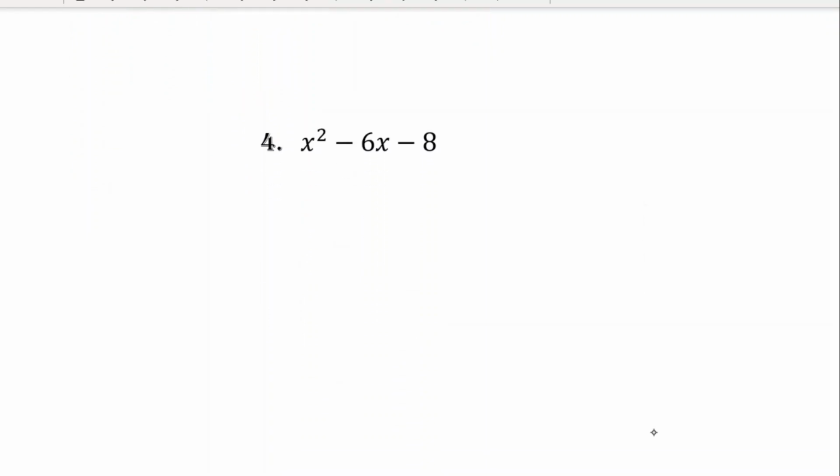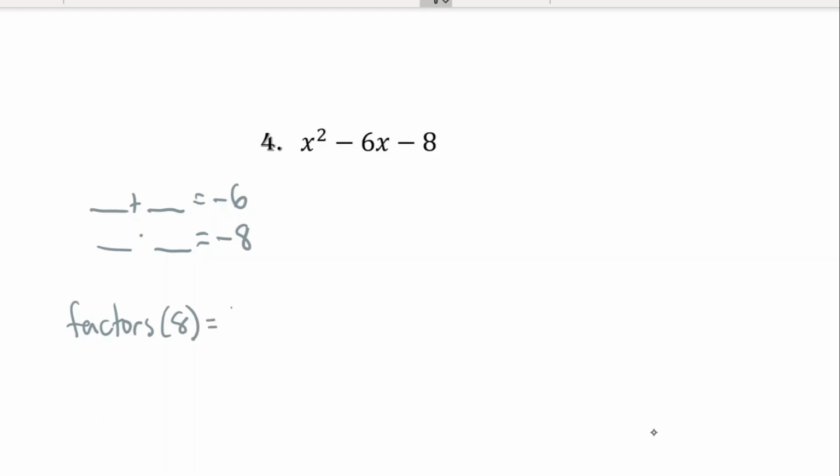All right, another one here. Let's see if this one works. Let's add up to be our middle term, multiply to be our last term, and we got factors of the 8 here.